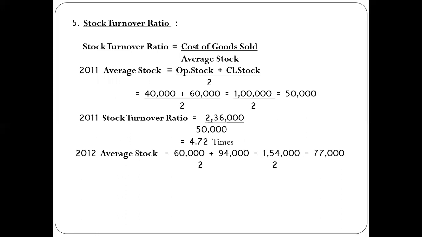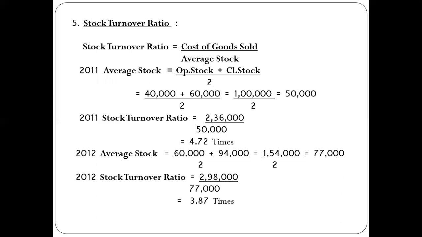The closing stock of 2012 is 94,000 and we will divide 1,54,000 divided by 2, that is 77,000. Now we will keep the amount in the formula of stock turnover ratio for 2012, that is 2,98,000 divided by 77,000. So we'll get the answer 3.87 times.